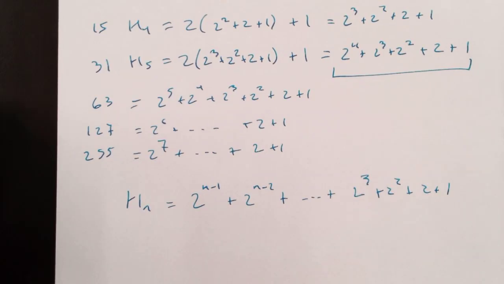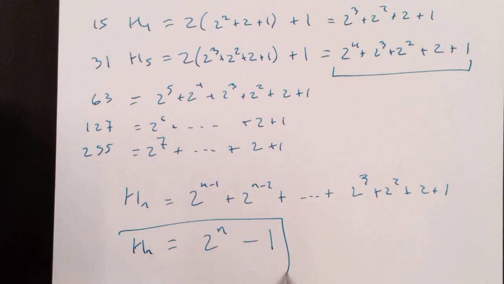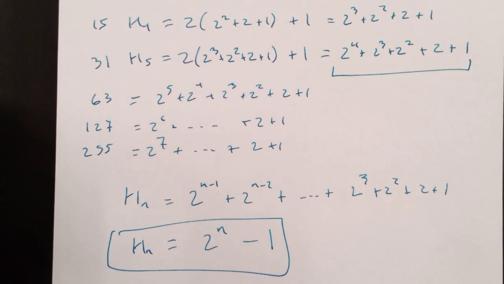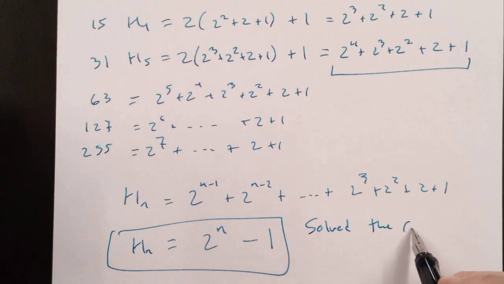And I can show that this is 2 to the nth minus 1. Hey, guess what? We turned a recurrence into an explicit formula. If I now ask you how many moves does it take to do 12 discs, you can just plug in 12, can't you? I turned a recurrence into an exact formula. We have solved the recurrence.